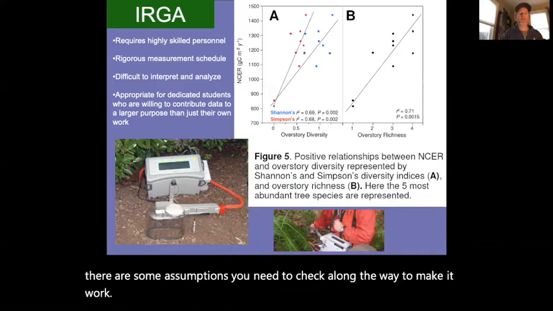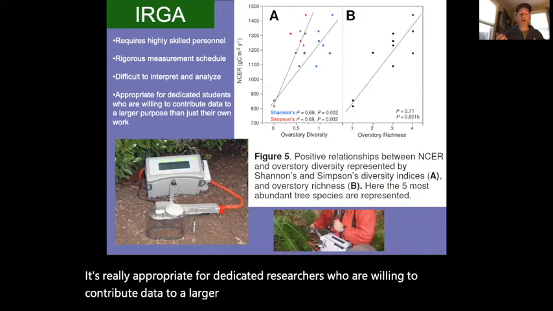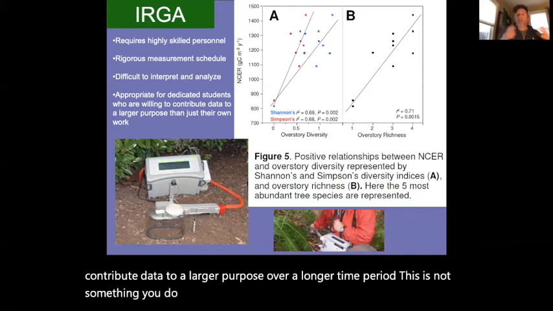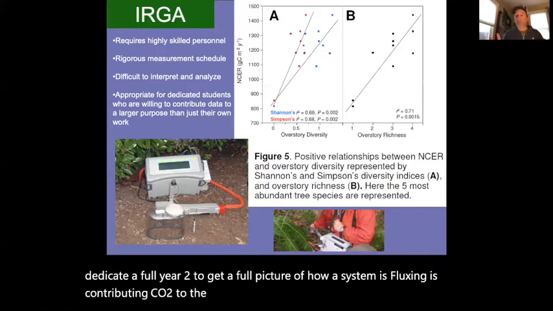It's really appropriate for dedicated researchers who are willing to contribute data to a larger purpose over a longer time period. This is not something you do within a single quarter. This is something you have to dedicate a full year to get a full picture of how a system is fluxing, is contributing CO2 to the atmosphere from the soil environment.